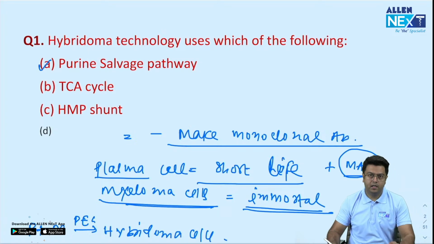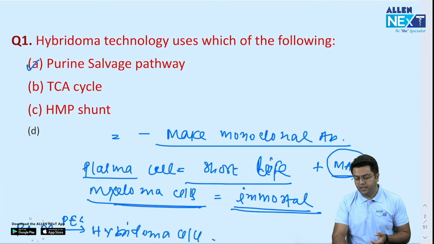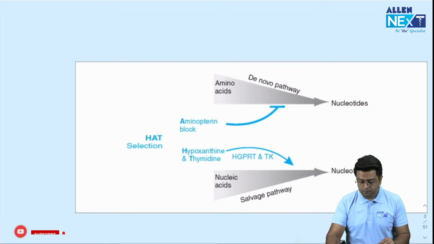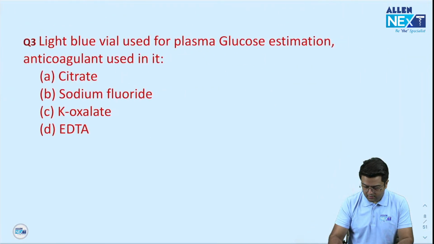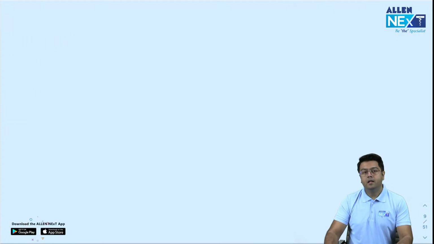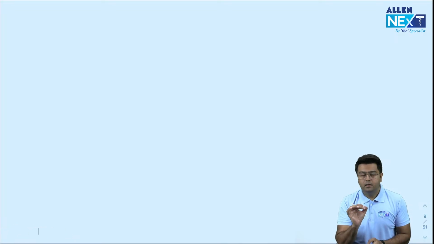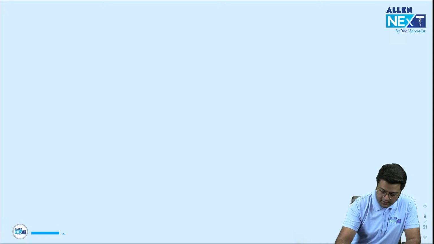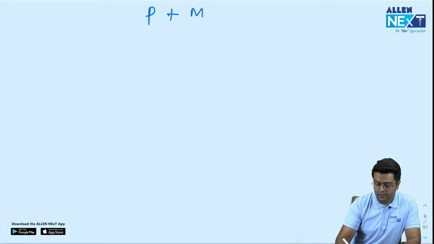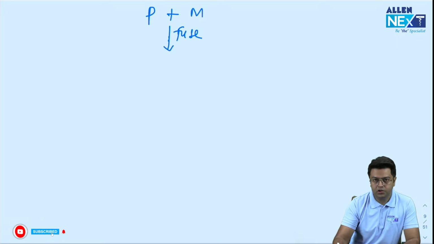But during the fusion, there will be a probability, just a second, I'll be taking a blank slide. During the fusion, the cells may be fused in different ways. Suppose I am selecting two cells, P for plasma cells and M for myeloma cells. Now when we fuse them, what are the chances of getting hybridoma cells?